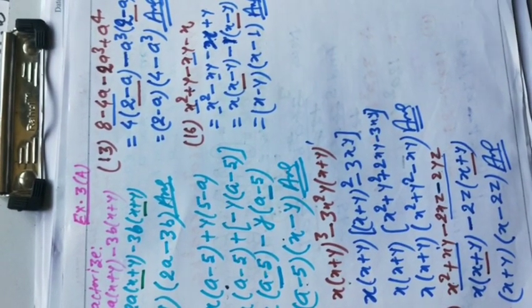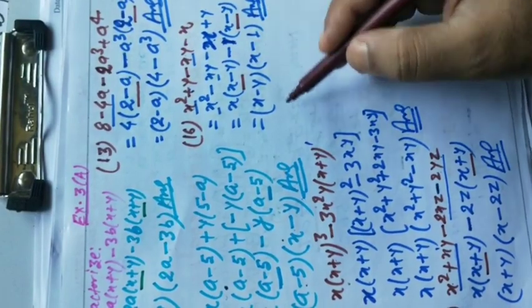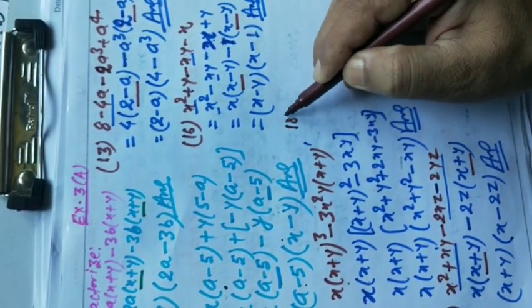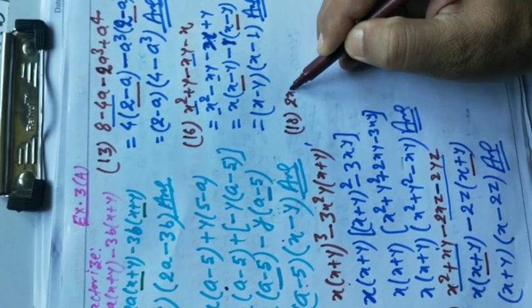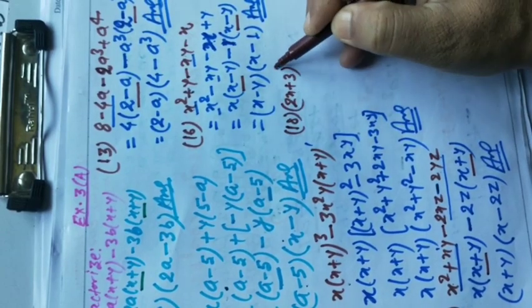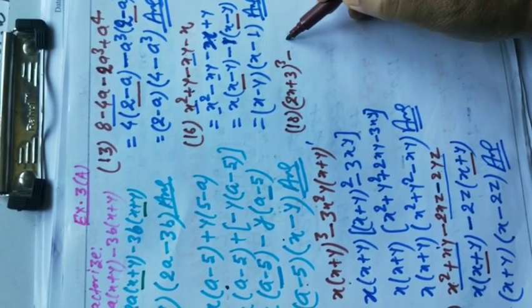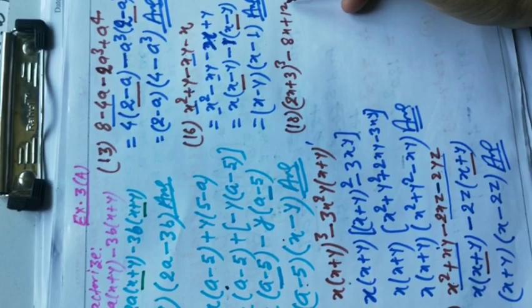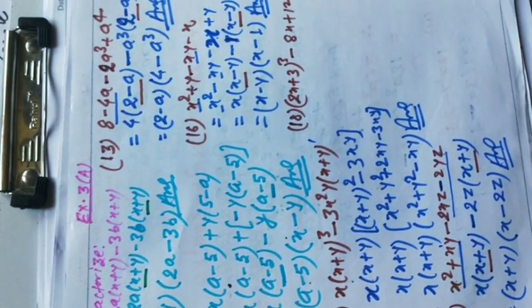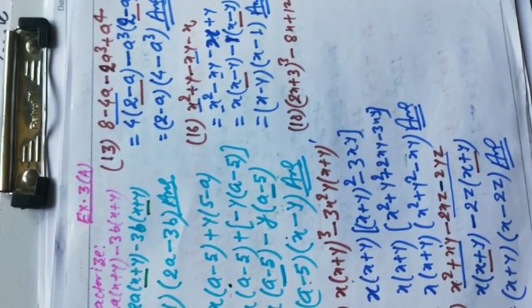Now let us see question number 18. Your question number 18 is 2x plus 3 raised to the power 3 minus 8x plus 12. So there are three terms in this expression.